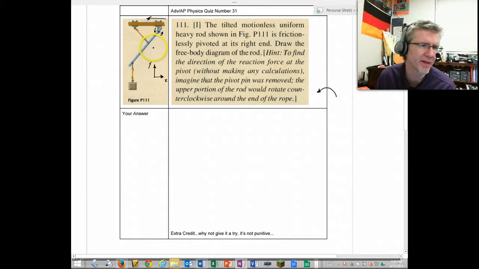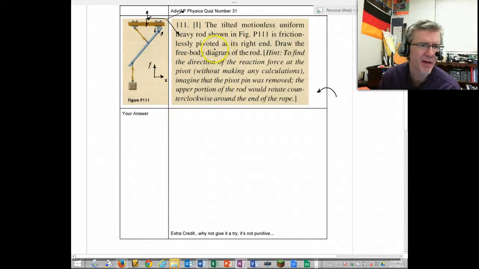Depending on the strength of this force versus that force, that end would either move over and up or over and down. So the reaction force needs to counteract that. It's going to be slightly up like that or slightly down like that.